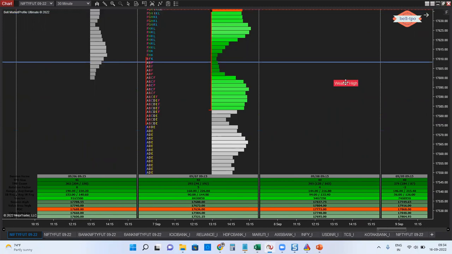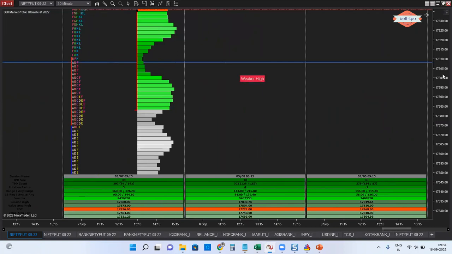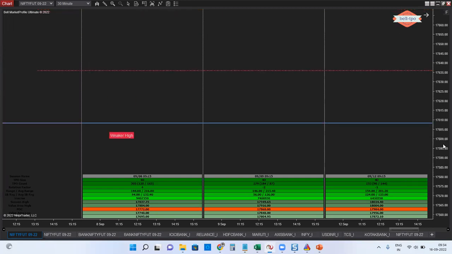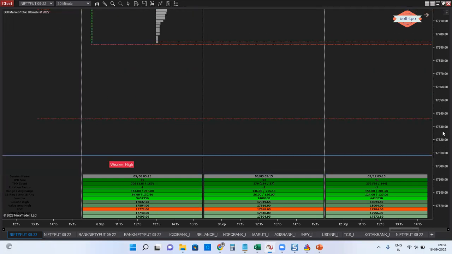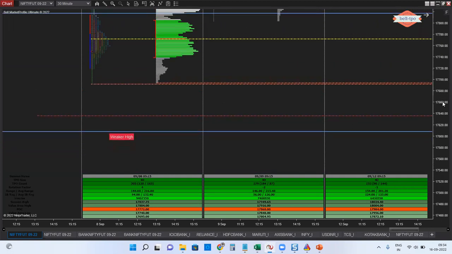Such a visual reference level typically gets cleared a bit faster, but this time it has been overextending. So price is also nearing that. Around 17,610 is what that visual reference level is. So let's see if any selling pressure comes to the downside. 17,610 is one of the very important reference levels to watch out for on the downside.